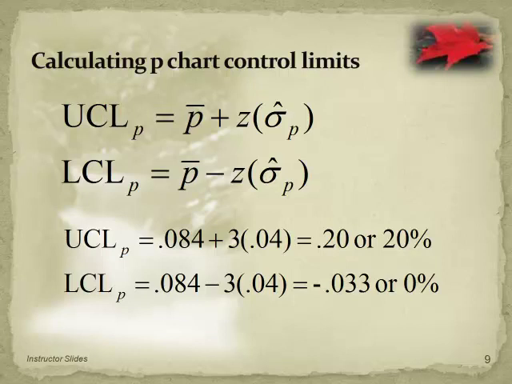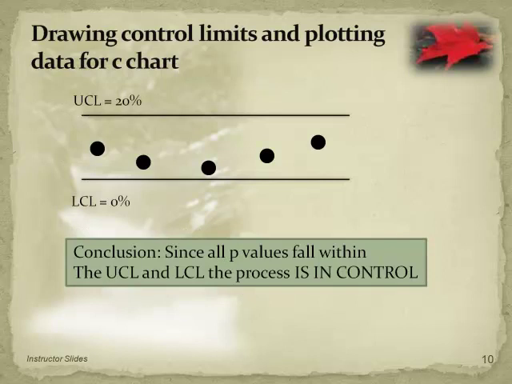So if the lower control limit is a negative number, we're going to round up and make it the lowest feasible number that we could have, which is 0%, 0 defective. So now I have my control limits for my p chart, 20% and 0%.